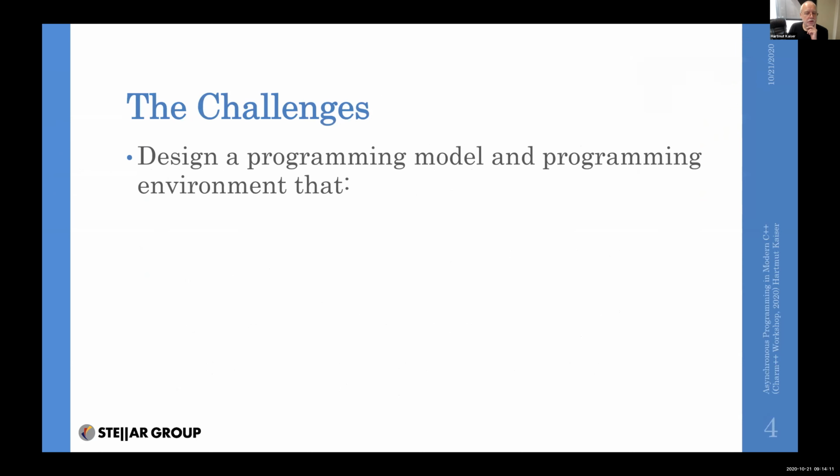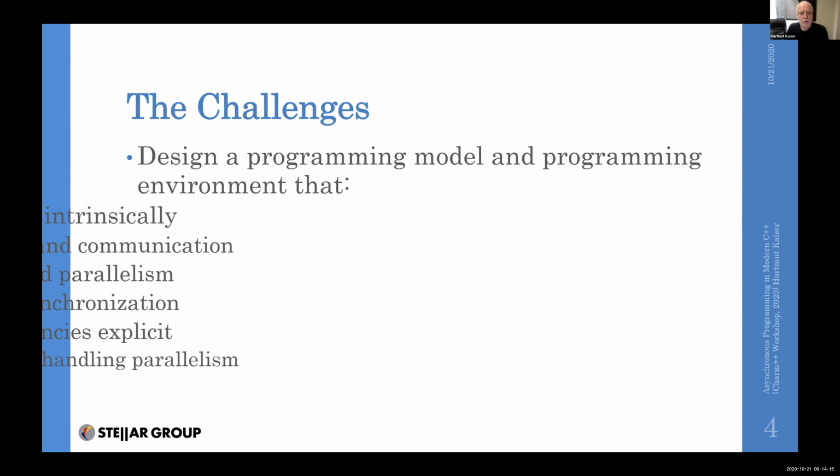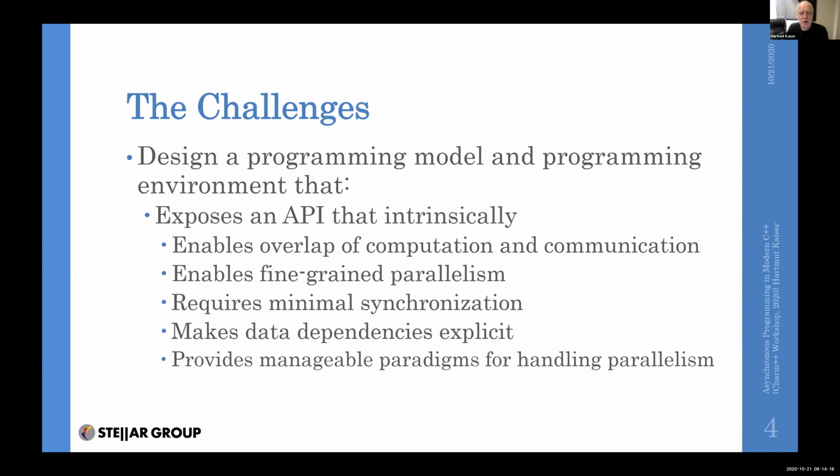Okay, what challenges do we face? We need to design a programming model and programming environment that exposes an API to us that intrinsically enables overlap of computation and communication without additional effort on the programmer side, which enables fine-grained parallelism so that we can utilize our resources much better, which requires minimal synchronization between dependent things so that only the things that are needed to be computed are taken into account in the decision what to do next.